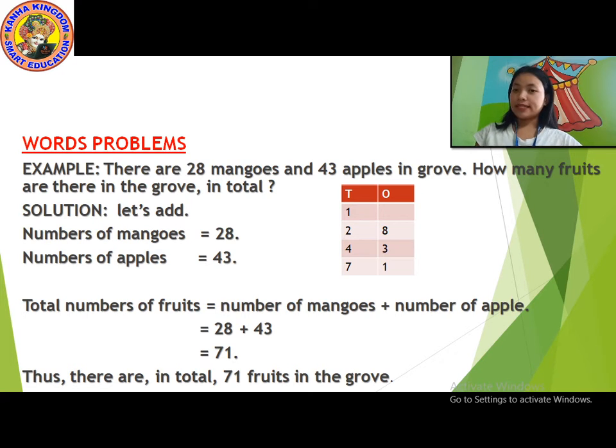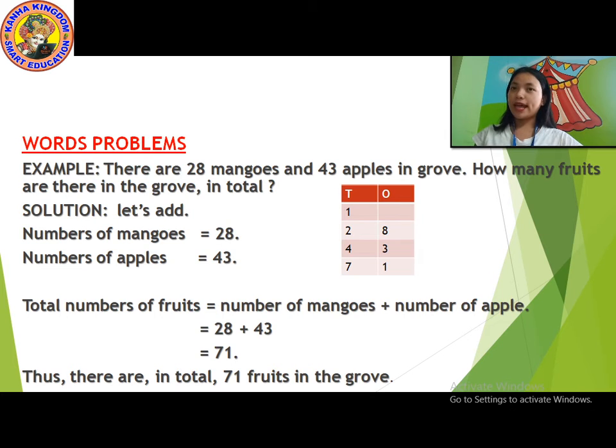While adding 8 with 3 we get 11, right? We know 11 means 1 ten and 1 one. So we write 1 in the ones column and carry over 1 ten to the tens column. Now the second step is to add the tens.